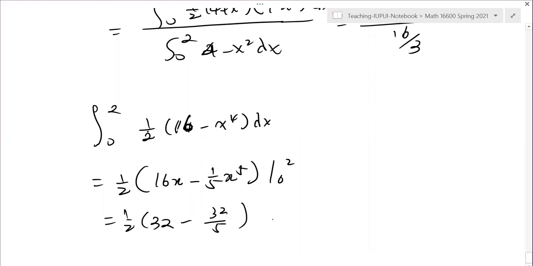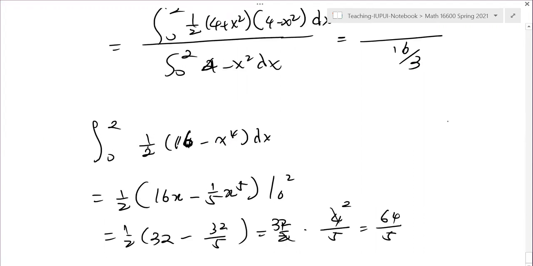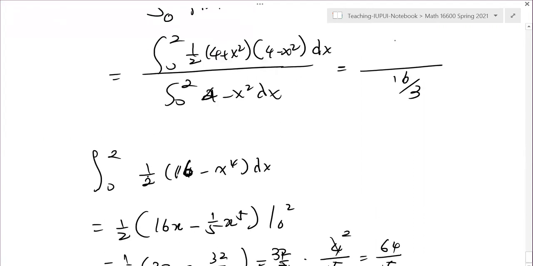Then when you do the calculation, 32 times 1 minus 1/5 is 4 over 5, so that would be 64 over 5. So you get 64 over 5 as the numerator.